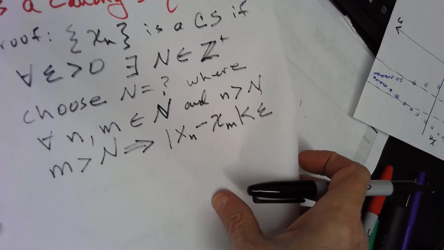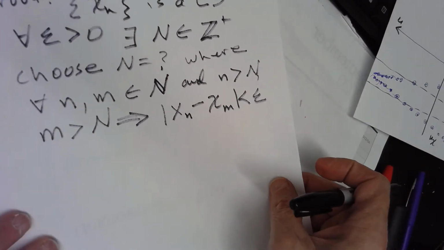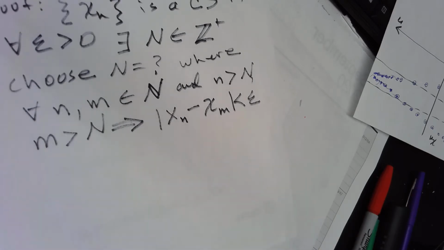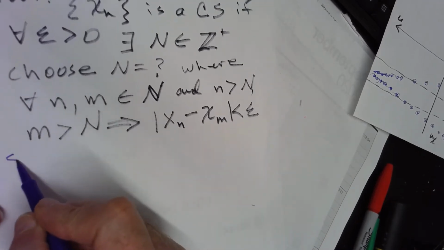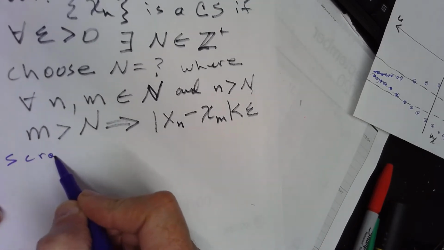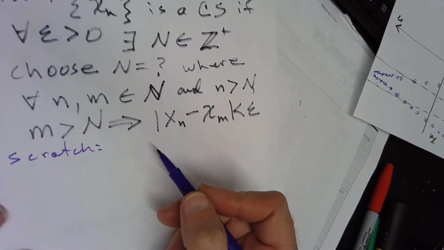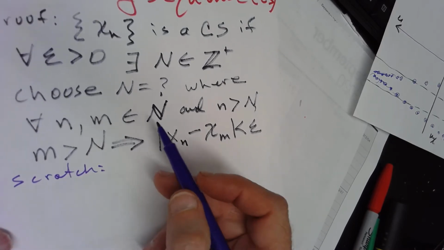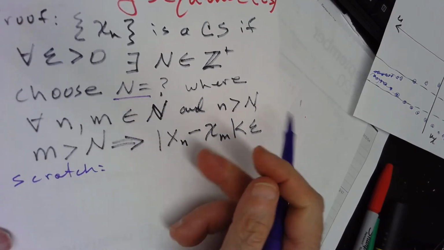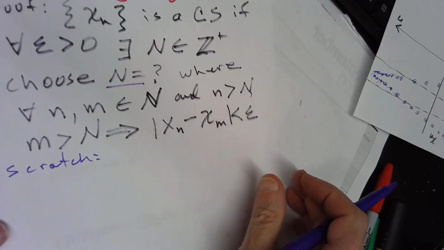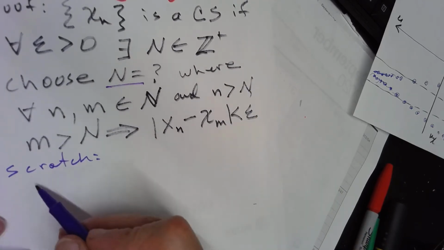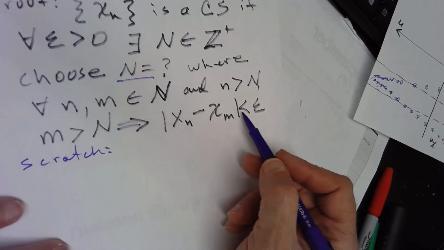So what we need to do at this point is develop our scratch work. Okay, so we'll use purple for that. So we have to come up with our scratch. We've got to find what N is first, and then we go back and write our proof. So here we start with this, right?